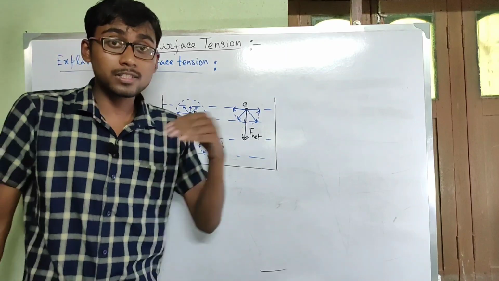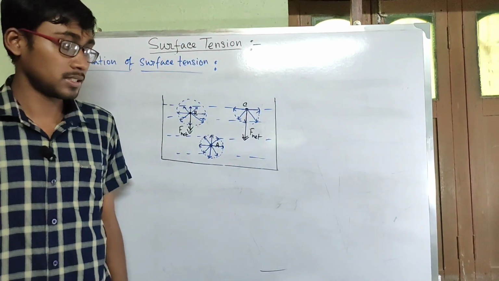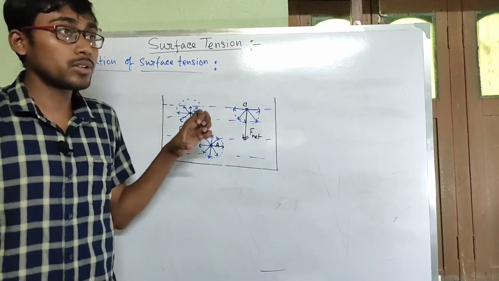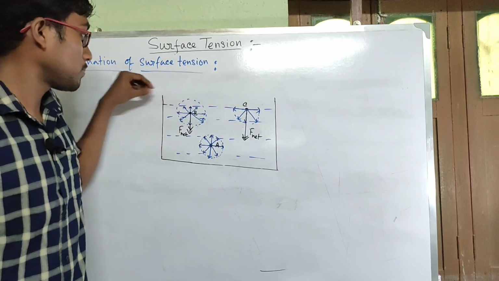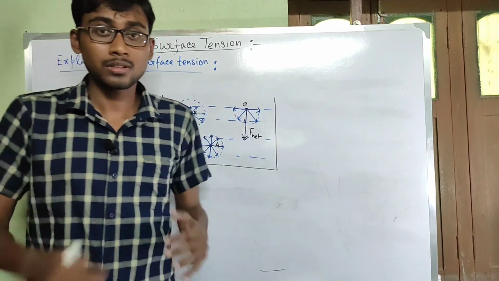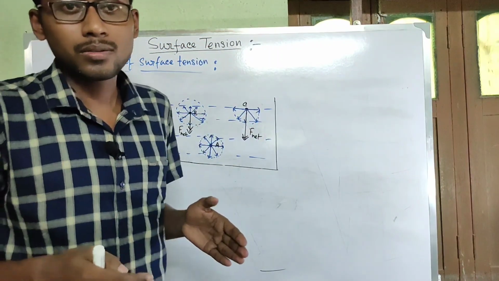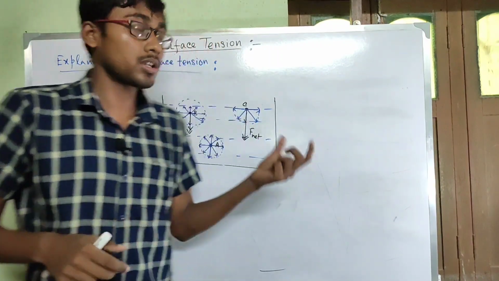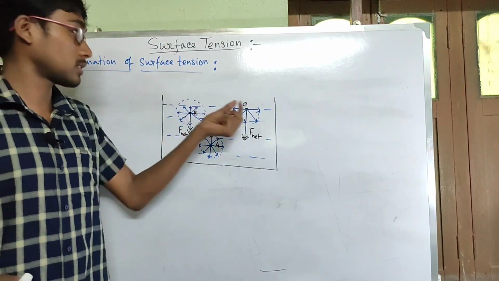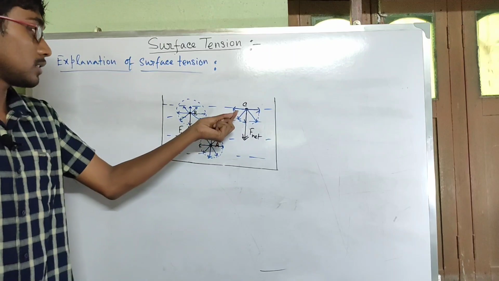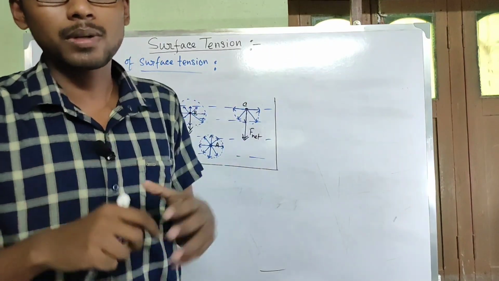So to minimize its potential energy, the liquid wants to keep a minimum number of molecules on the surface, as the particles at the surface have maximum potential energy.